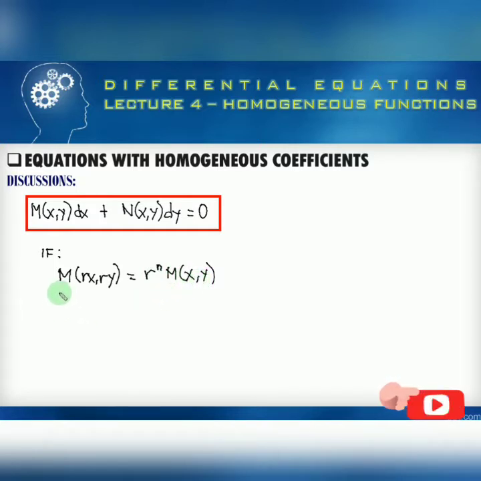For our second one, N as a function of rx and ry is equal to r raised to the m times N as a function of x and y.